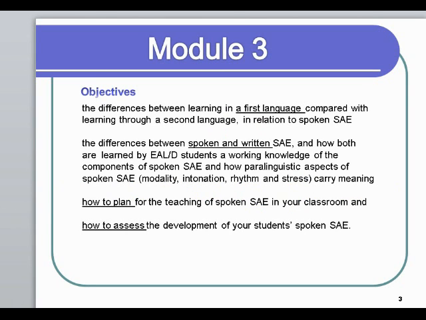Now, the objectives of Module 3 are about understanding the differences between first and second language learning, also between spoken and written English, how to plan units of work of any kind and of any size, and also how to assess.